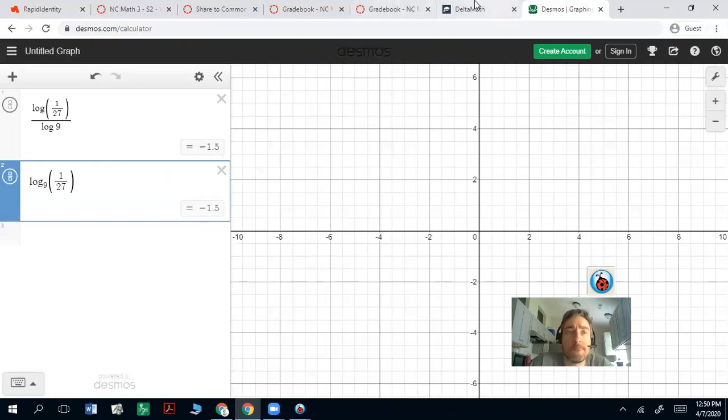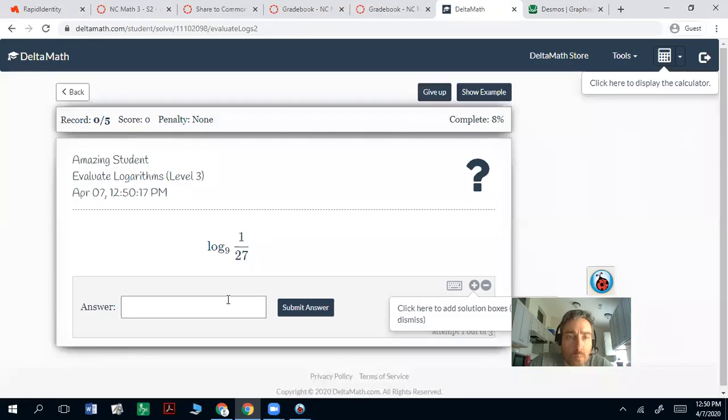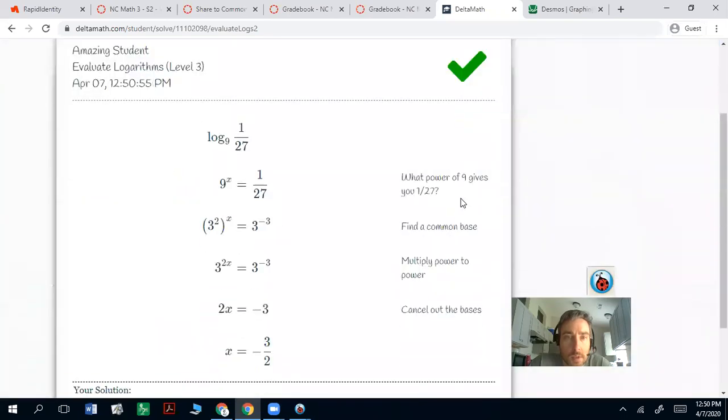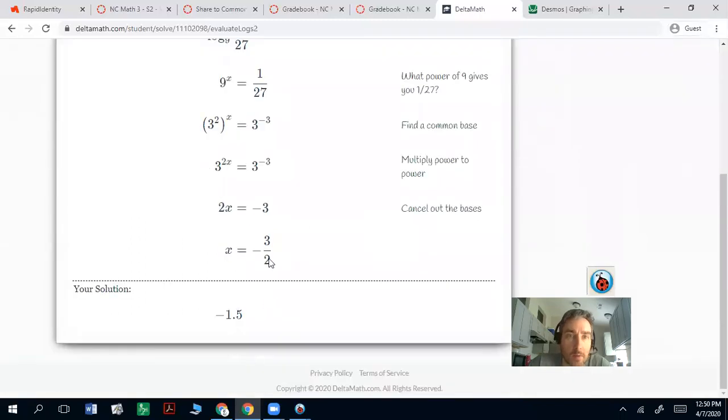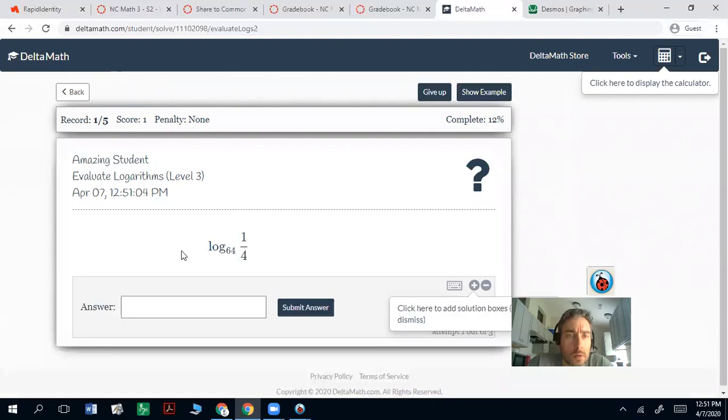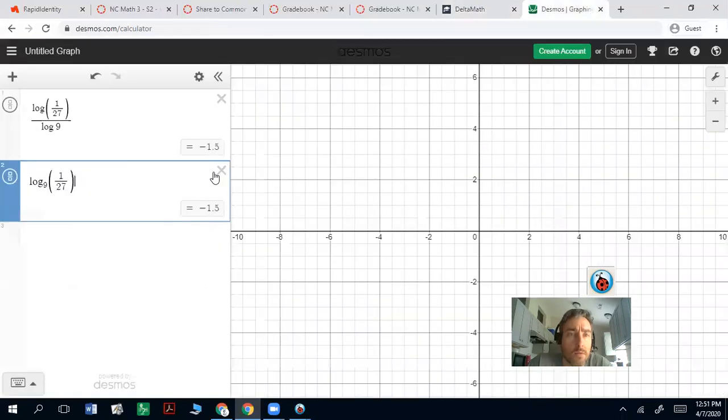Negative 1.5. Let's submit it and check it. Nice. Negative 1.5 is the answer, or, you know, you can solve it by hand too, but why would we do that?